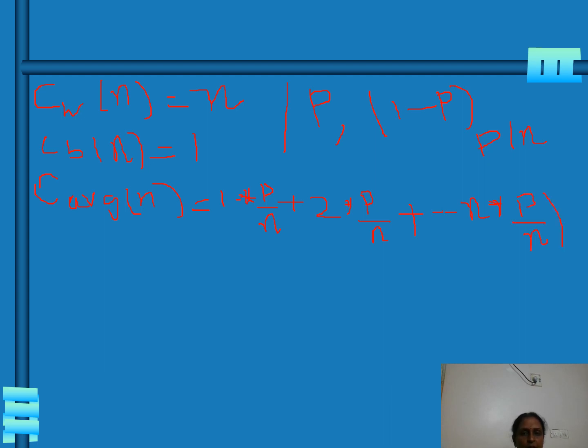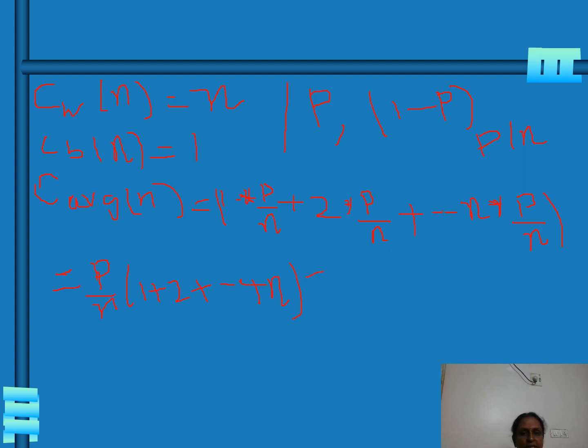So you have to simplify this. What we'll get is, you take p divided by n outside, so you will get 1 plus 2 plus and so on, the last term is plus n. You know that this is the simplified summation of n numbers.